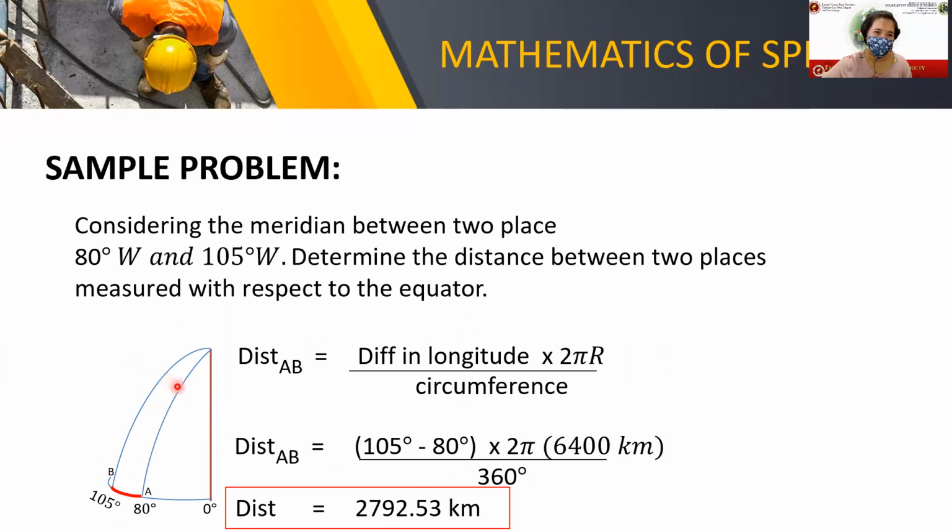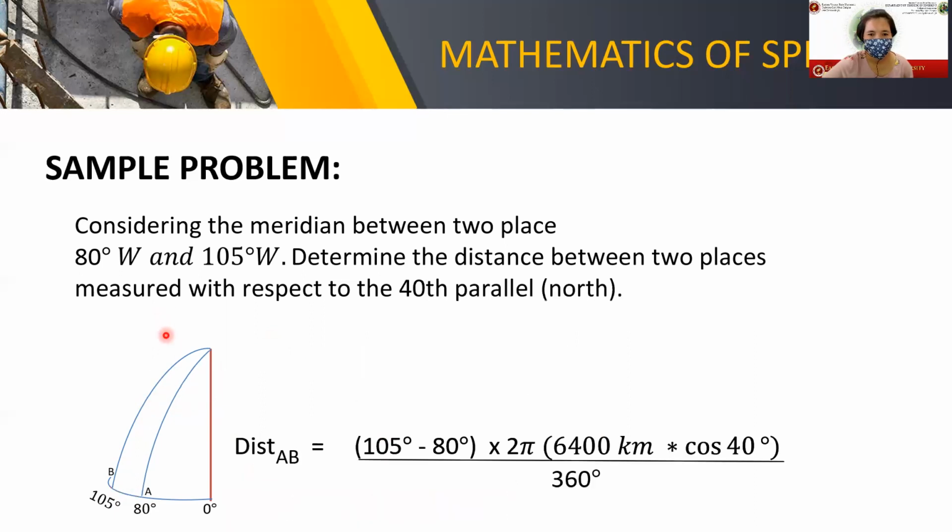Is the distance still the same, 2,792.53 kilometers? Imagine this is the equator. Can we say that AB here is still the same, even though it is on one meridian only? So let's take a look at the next problem.